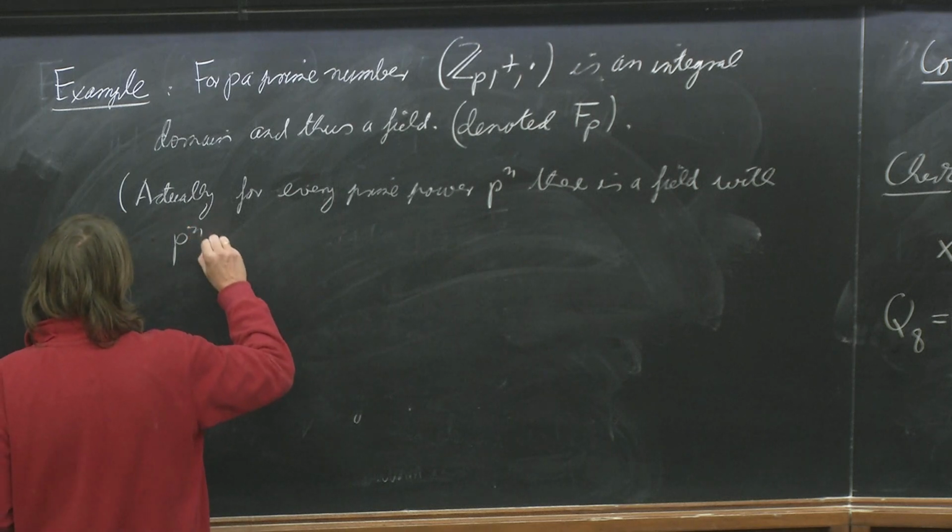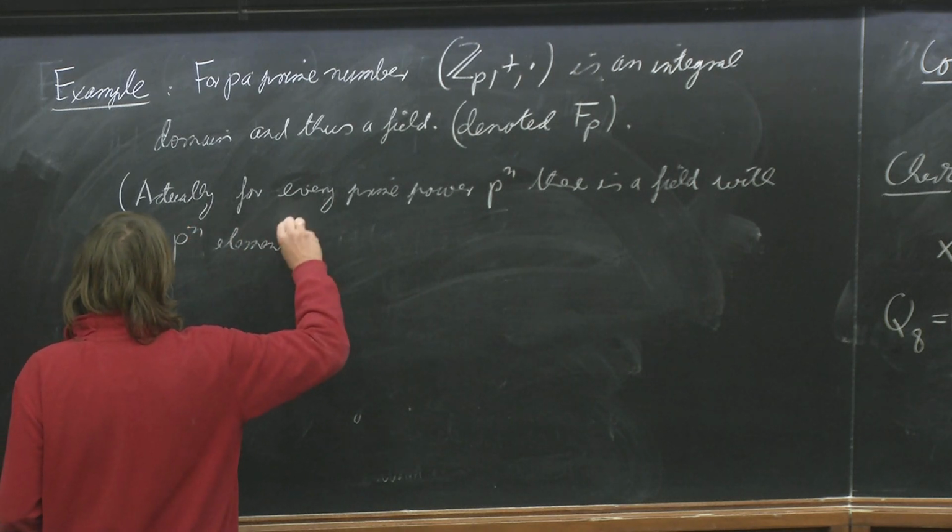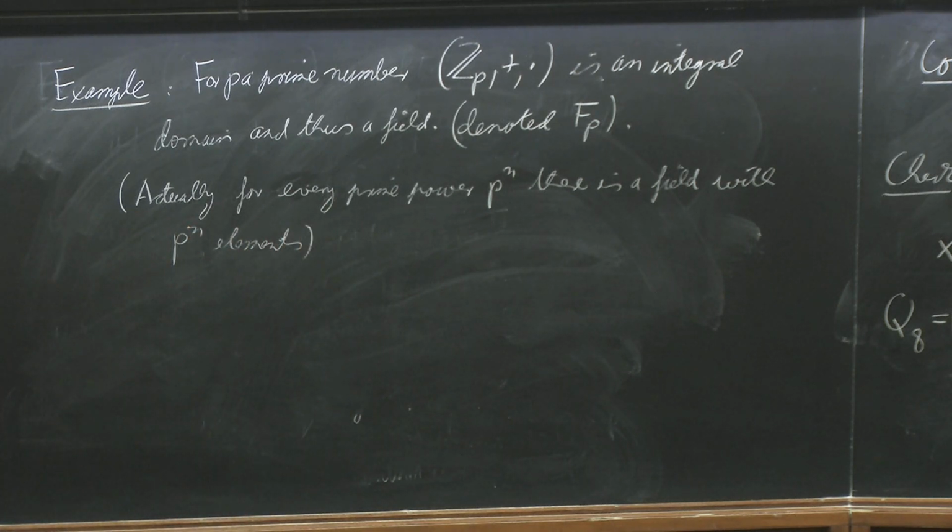One can actually show that in a suitable sense, up to isomorphism, which I will introduce later, there is a unique field with p to the n elements for every prime power, and these are all finite fields. But that we will see later.